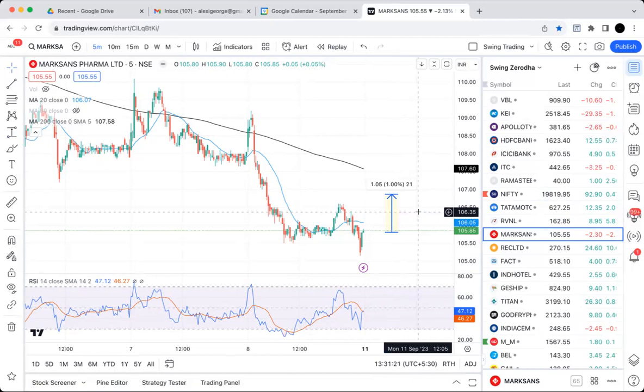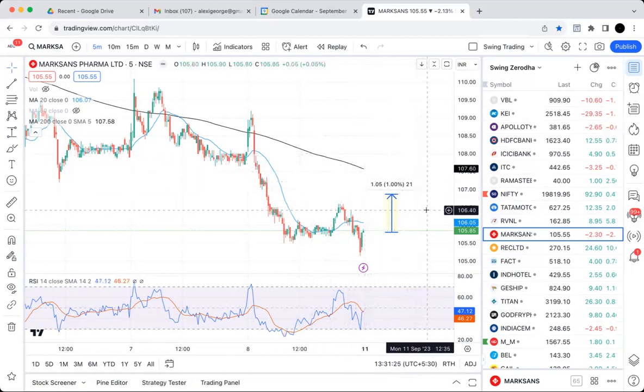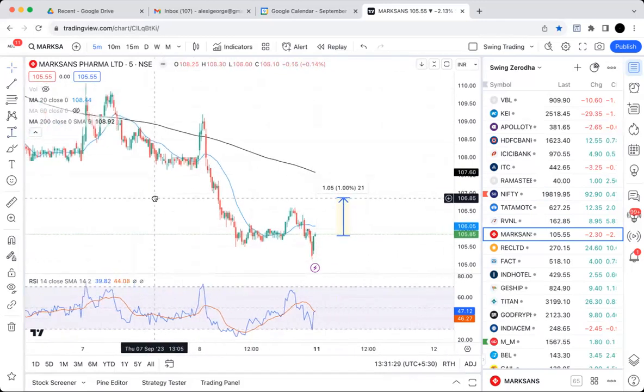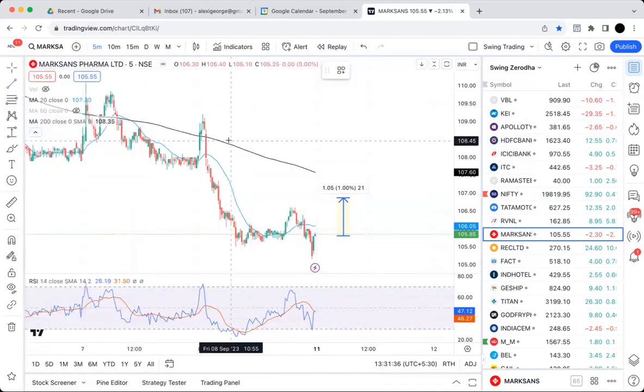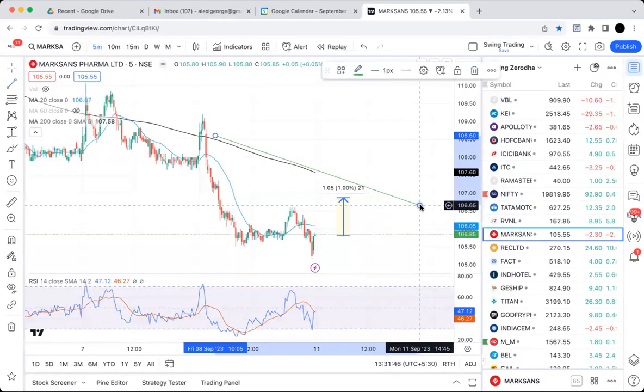But my only question is, if this trajectory continues, what's going to happen? That's a question that I have. Let me draw a trend line here and see what kind of possibility there is of this price movement. If this trend of the 200 continues straight down like that, look at this.